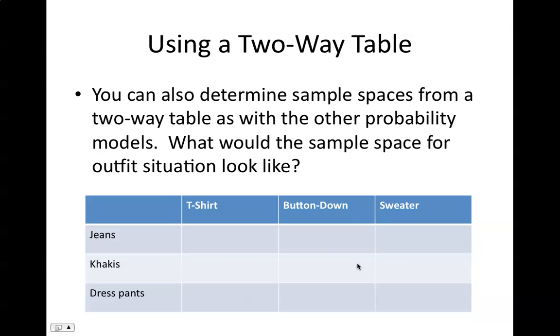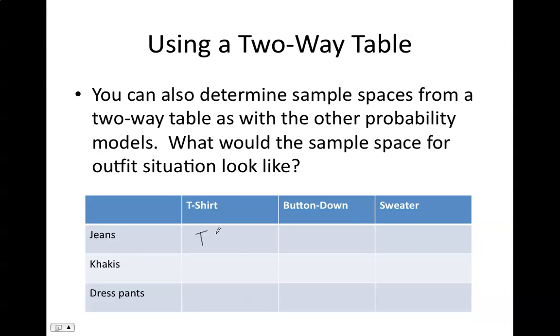Alright, you can also use a two-way table to determine sample spaces from the possible outcomes. So what we need to do is determine what the sample space for this situation would look like. So let's go through and we'll again use our table and fill in our letters.